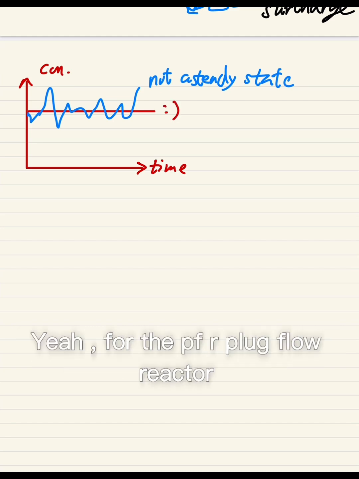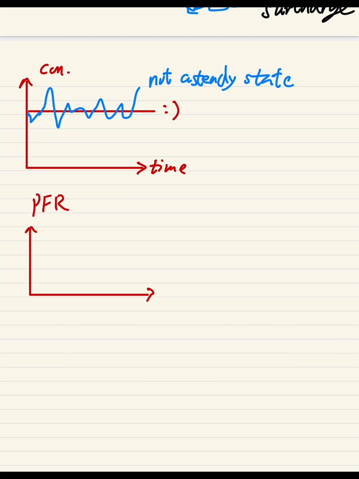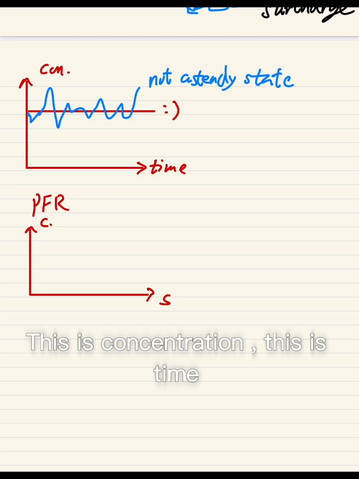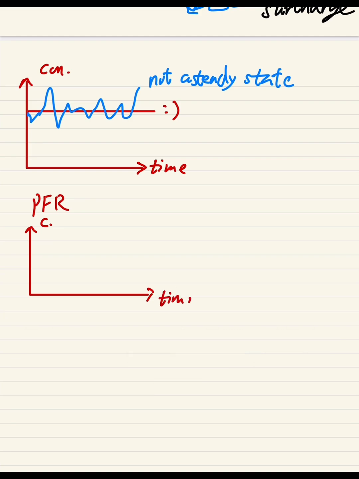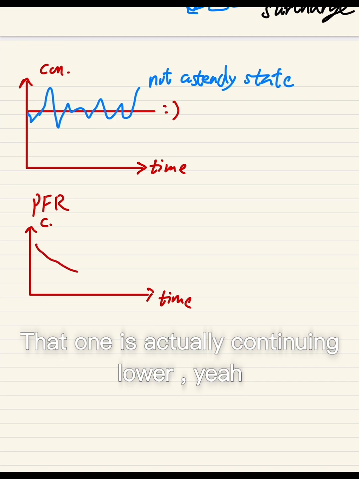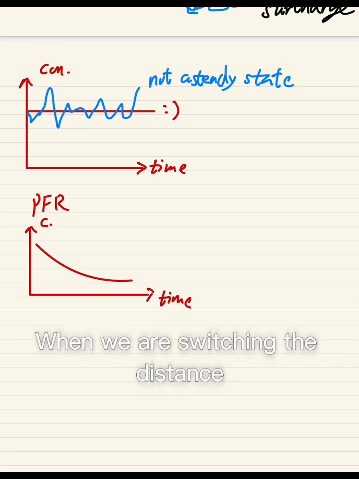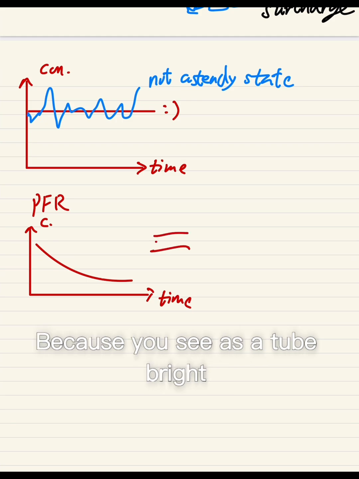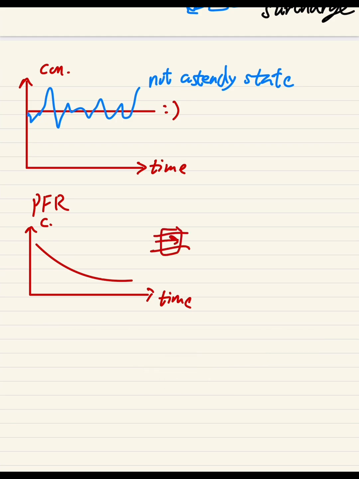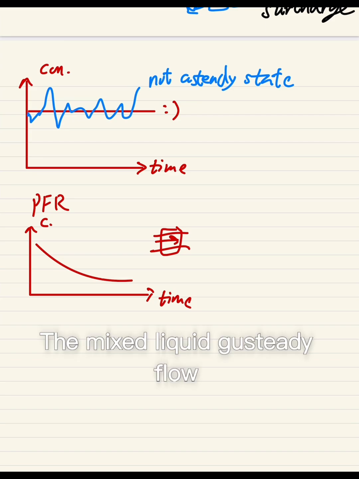For the PFR, plug flow reactor, we can see it like this. This is concentration, this is time. That one is continually decreasing as we move along the distance, because you see, that's a tube, right? As the mixed liquid flows through, it's a steady flow.